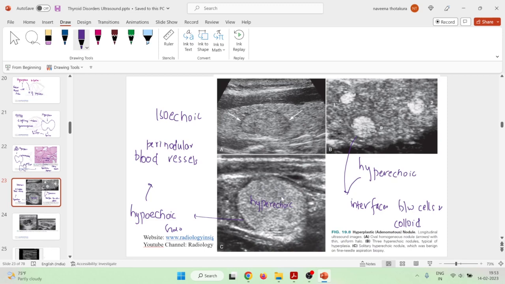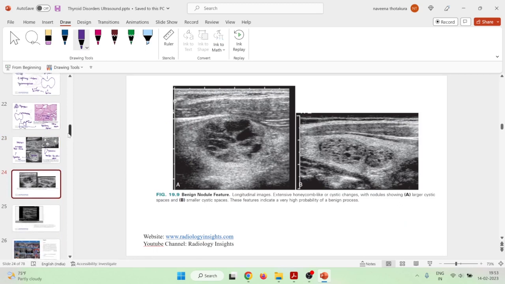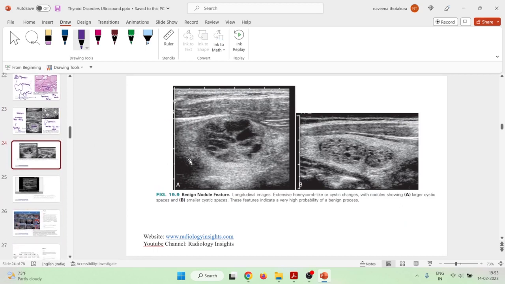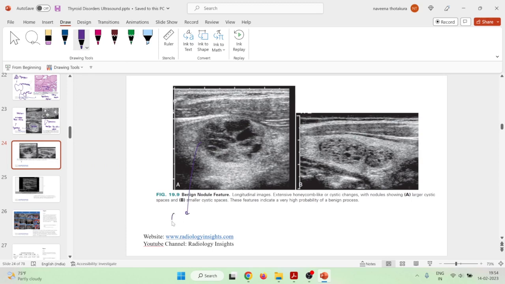Next, this is also the picture of a benign nodule. In this benign nodule, you can see that number one, it is hypoechoic, that is, less echogenic than the surrounding tissue.